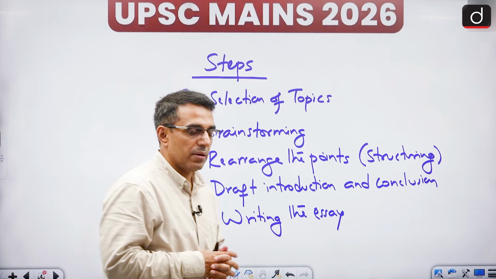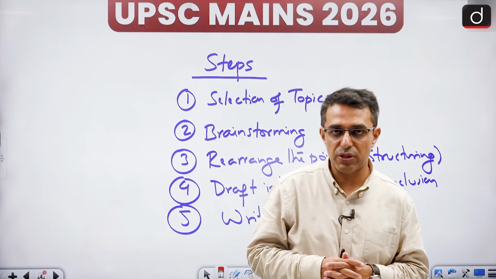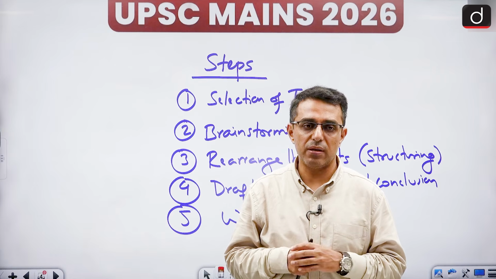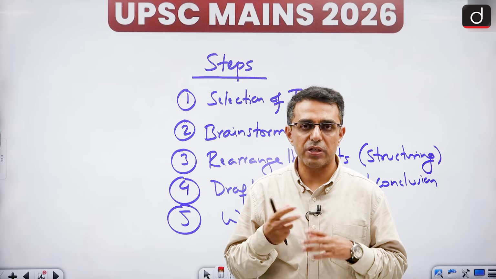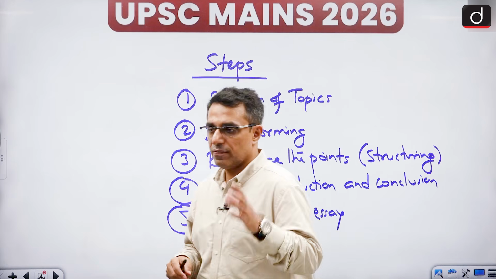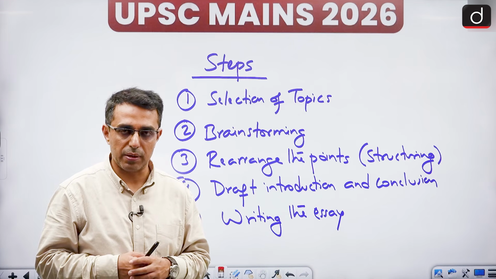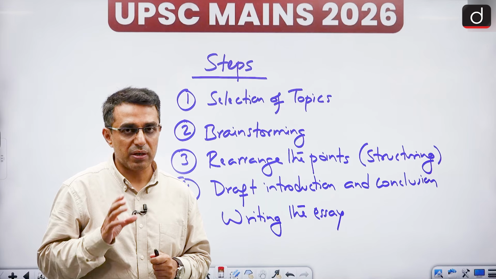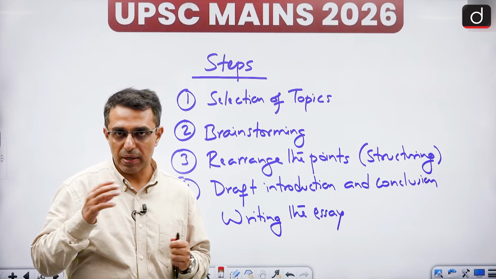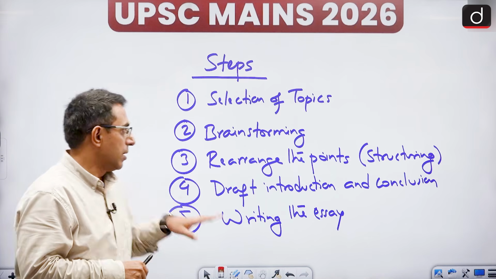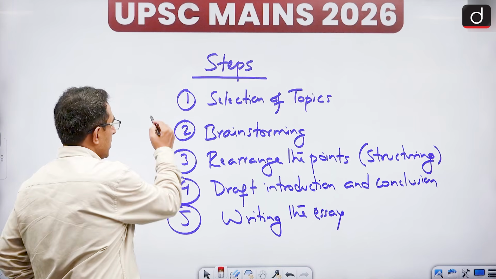For example, we have to eliminate those topics which are not very clear, then we can eliminate those topics where we may not be able to think of sufficient number of points. Or if there's a topic where we are very comfortable, then we should definitely select that topic. So any topic with which we are comfortable, we can think multiple dimensions about that topic, that should be our choice for writing essay. So selection of topic is very, very critical.